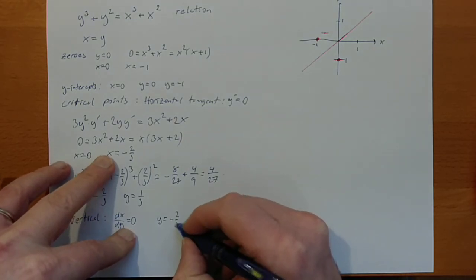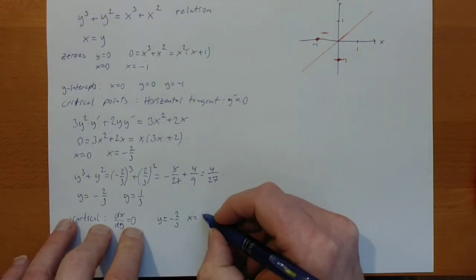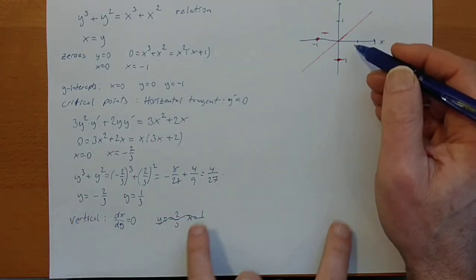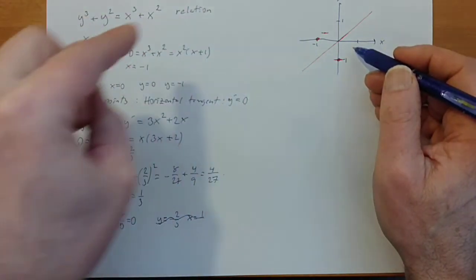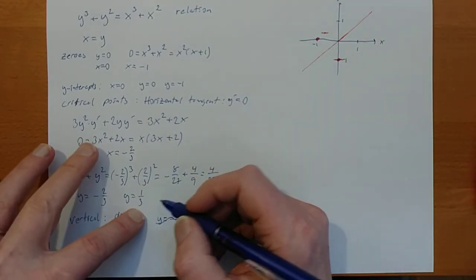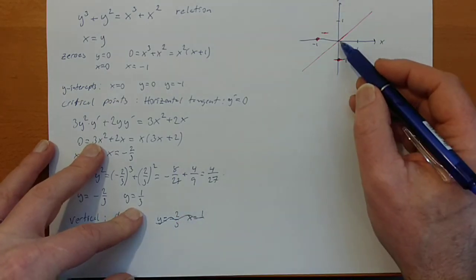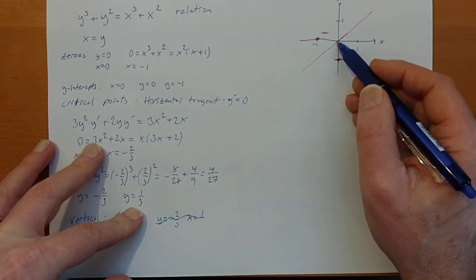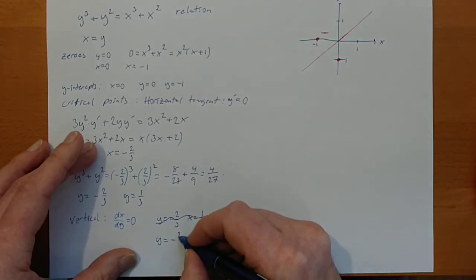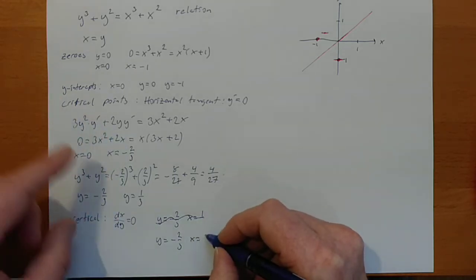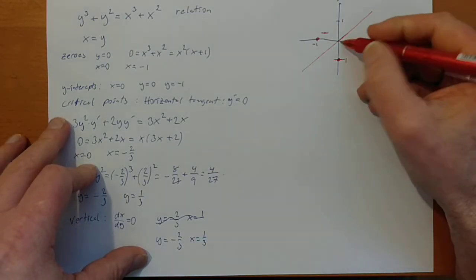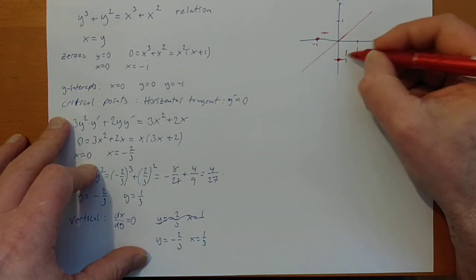Negative 2/3, and x equals, oh wait a minute, that is the one we found, right? Let's see, so we swap these simply. Yes, so if y equals negative 2/3, x should be equal to 1/3, and we'll have a point over there, right?